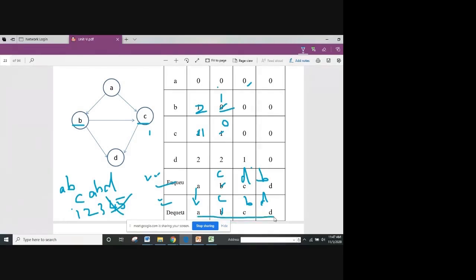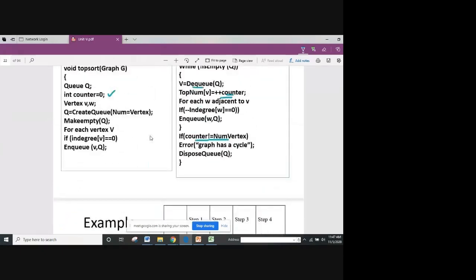Each time you dequeue, you are counting. Your count and your 4 vertices are the same, so the counter is 4 and vertices are also 4. That means my graph is right, and I have received the output.